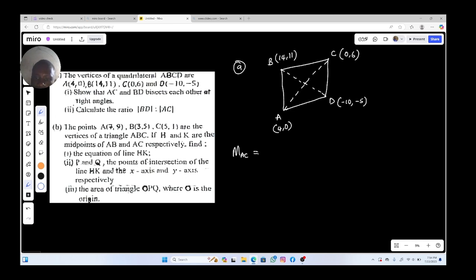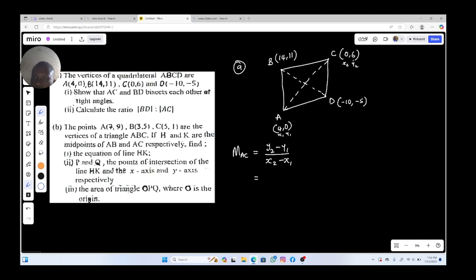We use the formula for slope, which is y2 minus y1 over x2 minus x1. Since we're moving from A to C, this one becomes x2, y2, and this one becomes x1, y1. I label like this so it can be easy for me to pick, so I don't make a mistake.